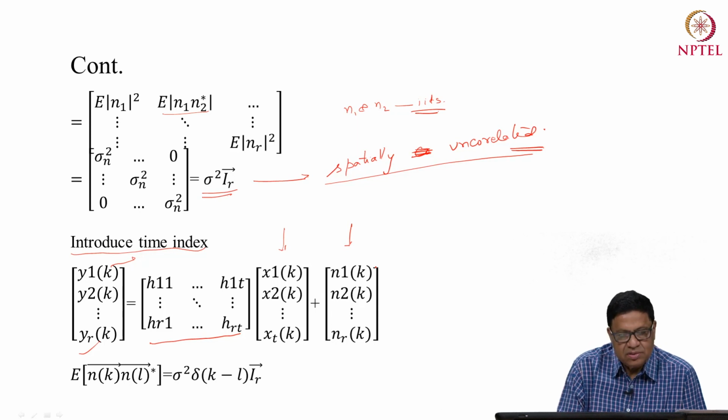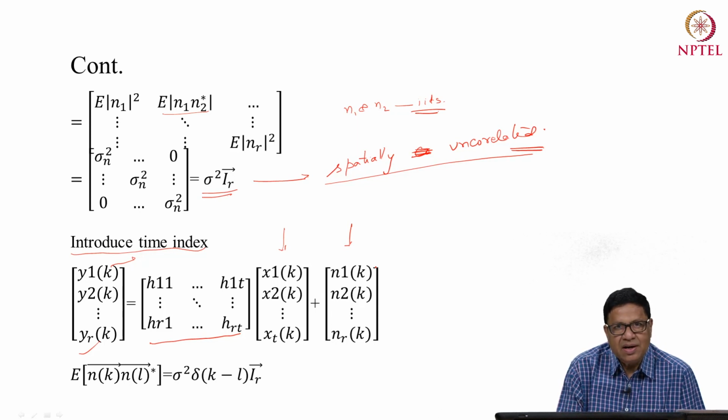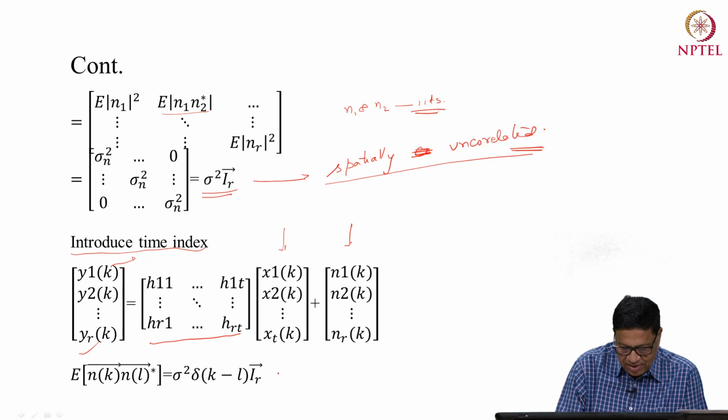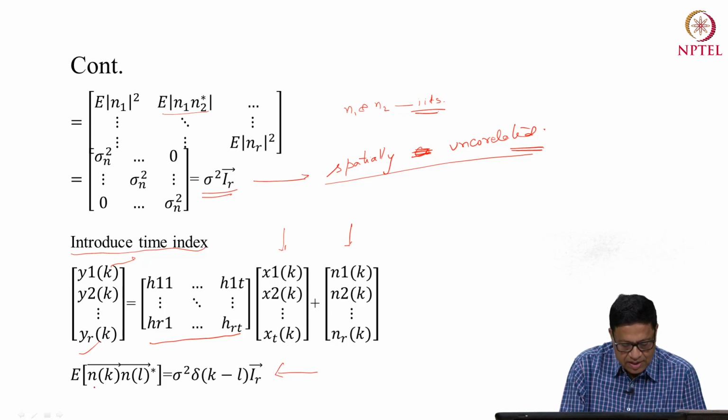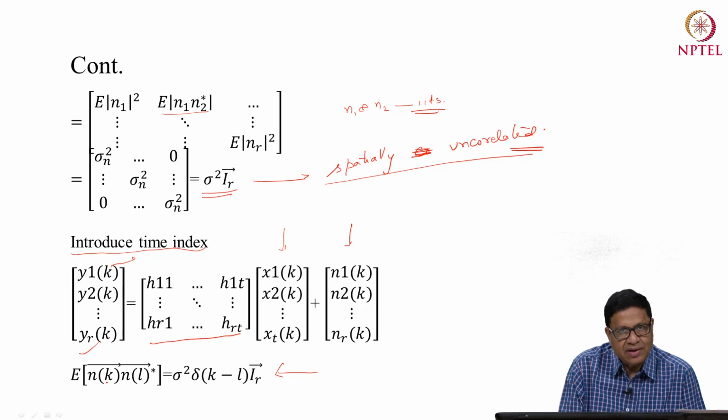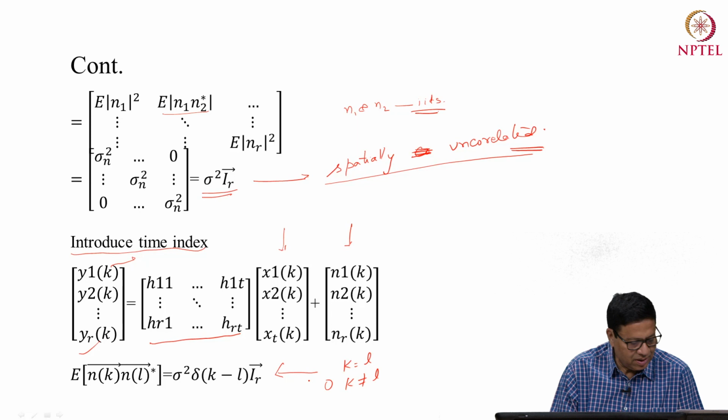If I do similar calculations as I had done earlier when I was considering only the space dimension, and calculate the expected value of the noise at the kth instant with the noise at the lth instant, this gives me sigma squared delta(k minus l) I_R. So this has value when k is equal to l, and it is 0 when k is not equal to l.